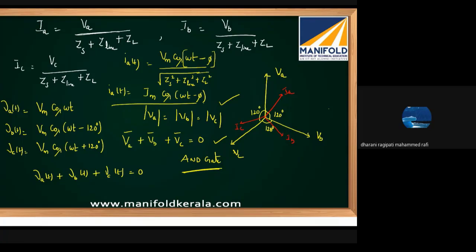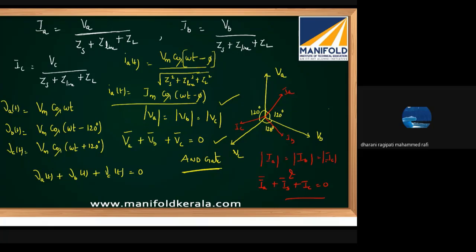Again, you can see the currents by themselves are balanced. Their magnitudes are the same, that is, mod IA equals mod IB equals mod IC, and the phasor sum IA plus IB plus IC is equal to 0. Then my currents flowing in the system are balanced.